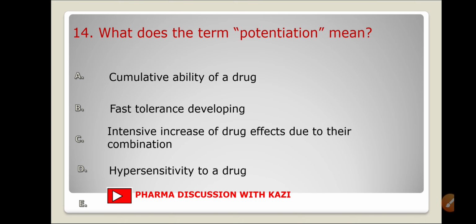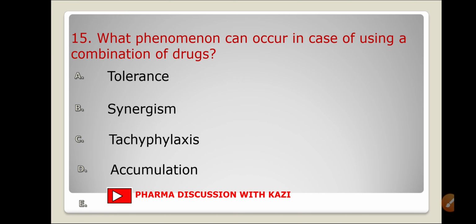Synergism may be classified into additive effect and potentiation effect. Additive effect means effect of drug A plus B equals effect of drug A plus effect of drug B. And potentiation means effect of drug A plus B is greater than effect of drug A plus effect of drug B. So the correct answer will be option C. Next question.